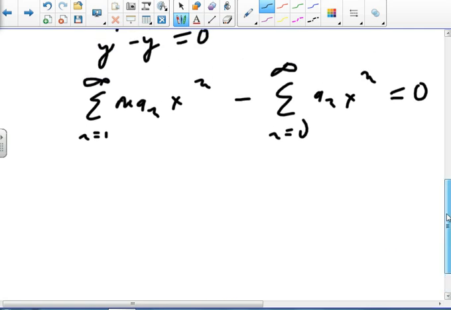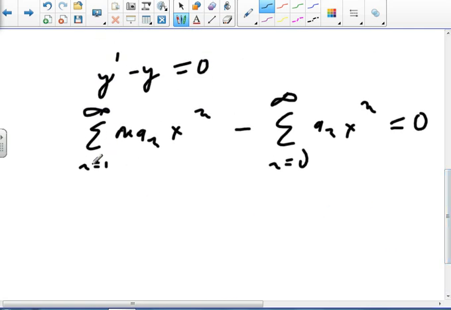Okay, so I look at that and say, well, look at this. I have an index starting at 1, and I have an index starting at 0. I'd sort of like to put this all in one summation. So I'm going to do a substitution, and I'm going to say n is equal to n plus 1. I'm going to do that substitution in the first guy.